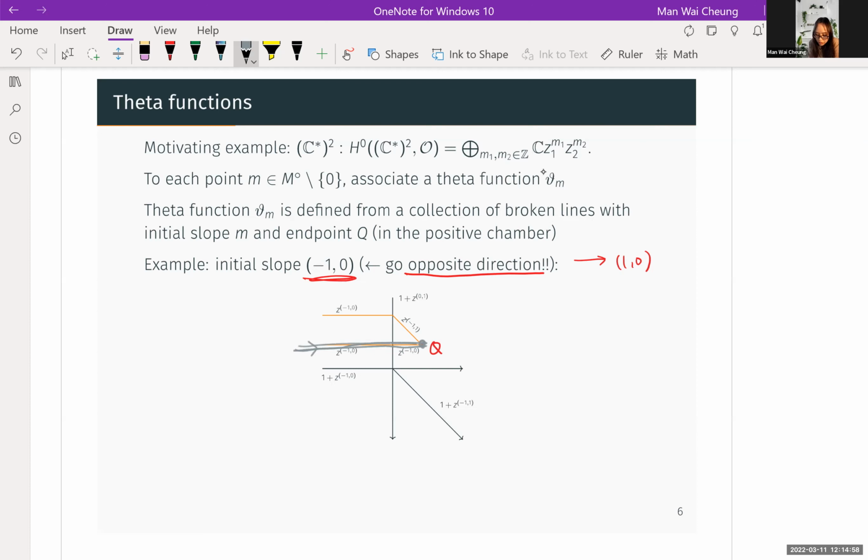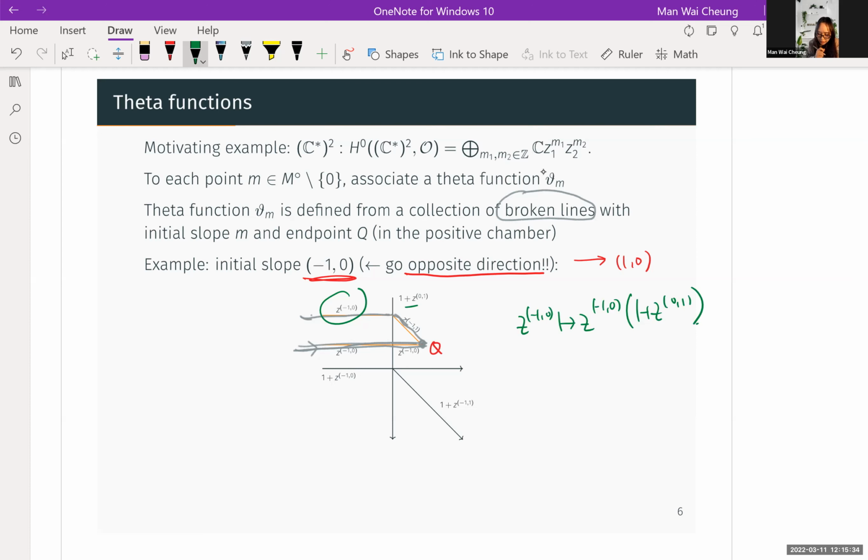But as the name suggests, a broken line is something that breaks, that bends when it hits a wall. So this is the second broken line here, that bends over a wall. And how does it bend? The bending is according to something we got before, the path ordered product, which from our previous calculation we have -1, 0 times this wall function.